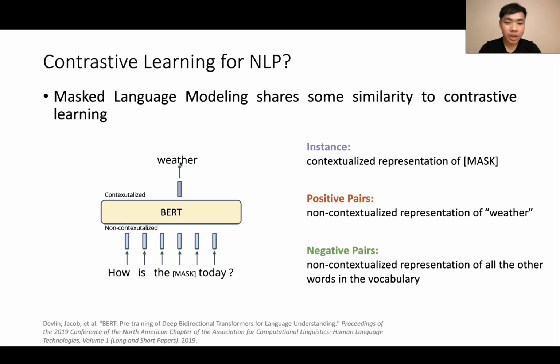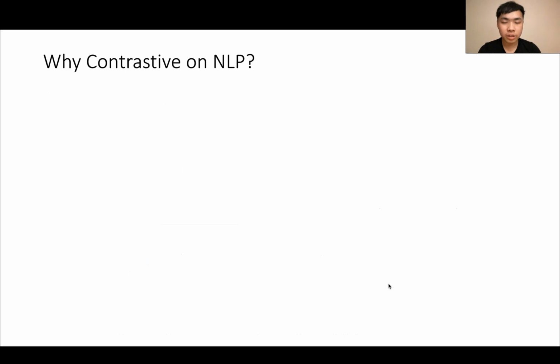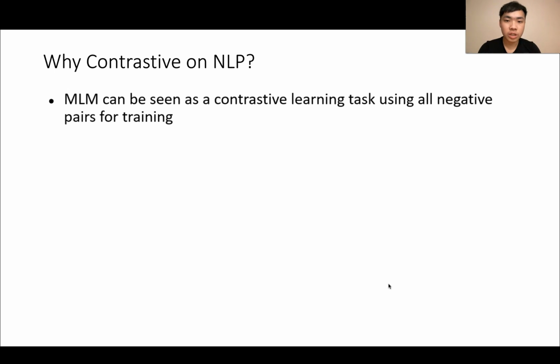And for negative pairs, for our prediction task, we need to make the contextual representation of the mask dissimilar to the non-contextual representations of all the other words in the vocabulary. So actually, we also have negative pairs. So basically, training the MLM model is similar to training a contrastive learning task.